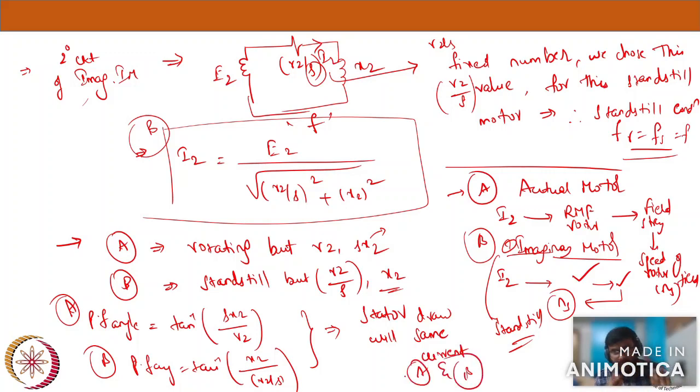So whatever the running condition of my motor, whether it is at standstill or a rotating motor, if I am able to produce the same current I2 in my rotor circuit in both cases, my stator has to draw the current I2 dash, which should compensate the MMF produced by the secondary. So that's the point. People took this as a solution for the problem.